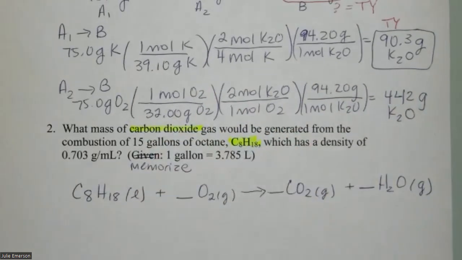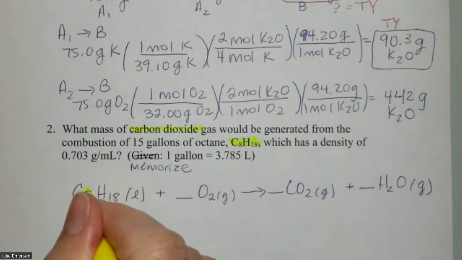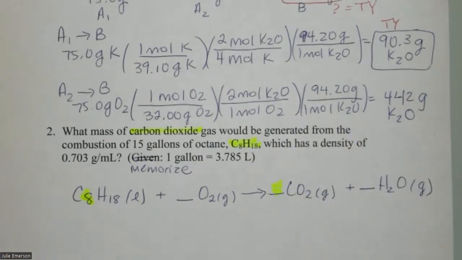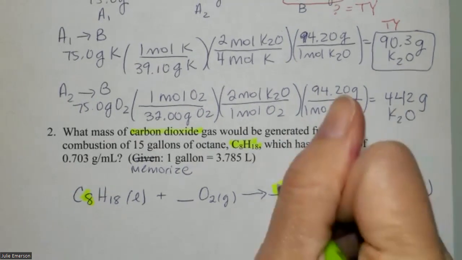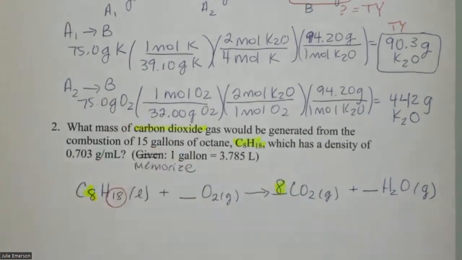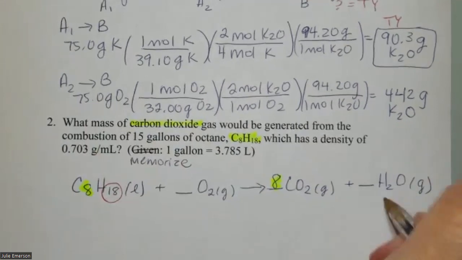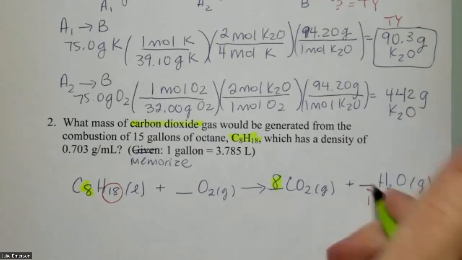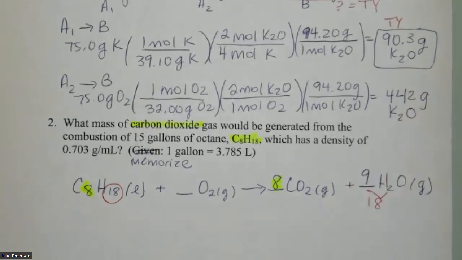All right, now, next part, we talked about whatever that subscript is for the carbon becomes the coefficient for the CO2. So 8 carbons means we need 8 CO2s on the product side. The hydrogen, we had a subscript of 18. The multiple of 2 that gets me to 18 would be a 9. So we put a 9 in front of water.